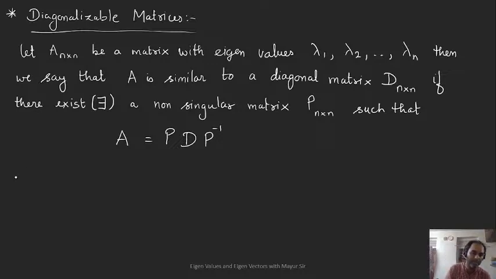Now here we write something where D, n cross n, is basically lambda 1, lambda 2, dot dot dot in the diagonal up to lambda n. So you have all zeros. In mathematics, we don't write all the zeros like this.